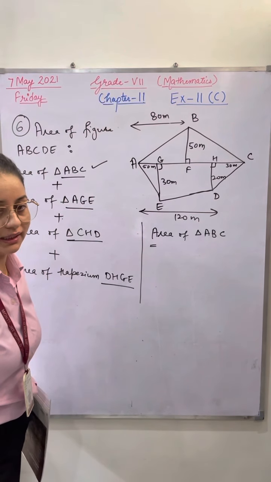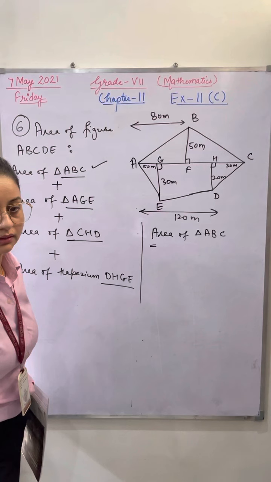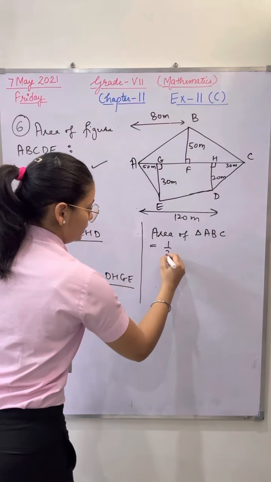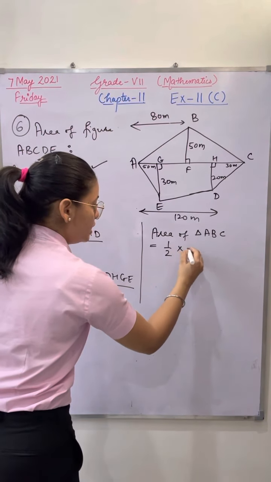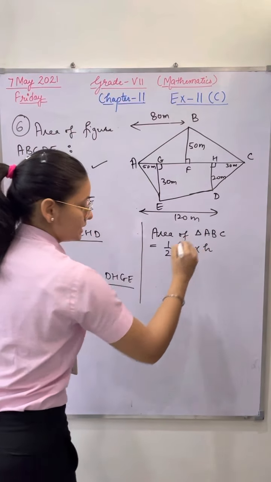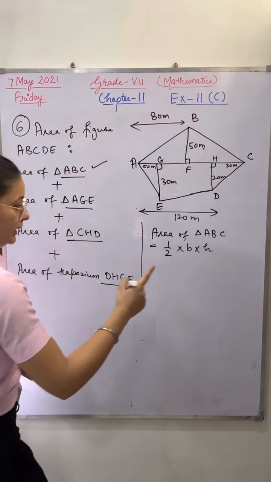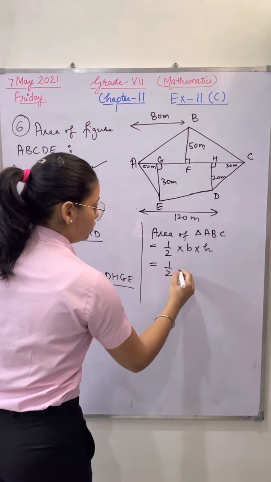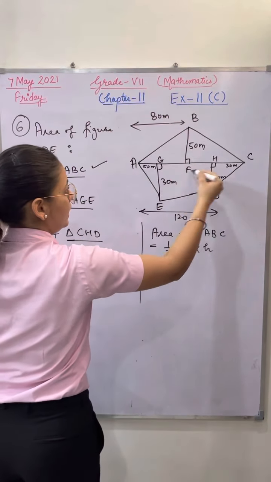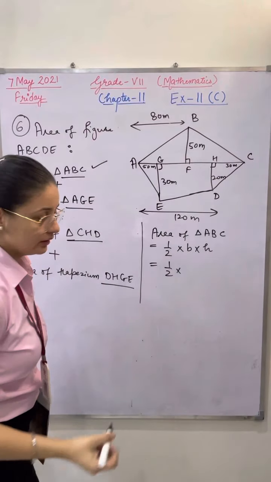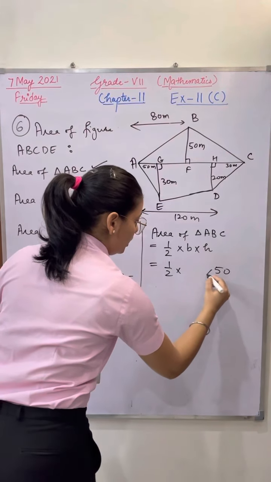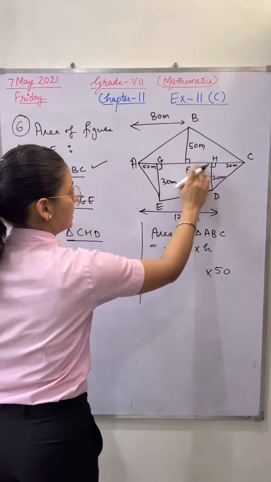One by two into height into base. Okay, not plus, into, multiply, height and base. Okay, one by two. What is the height of this triangle? Ma'am, 50 meters. Very good, 50. What is the base? Base, this complete base.